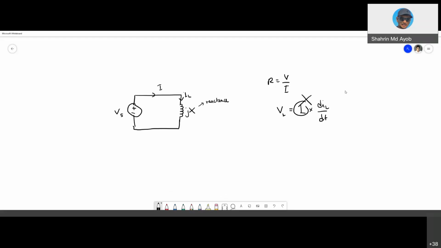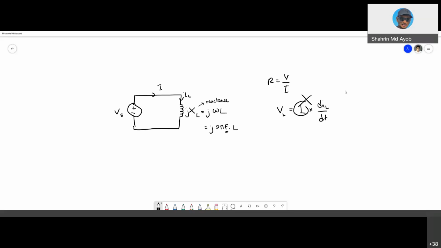And what is X? For the inductor, it is j, an imaginary number, multiplied with omega and multiplied with the inductance L itself. Omega is 2 pi multiplied with f. So as you can see, the value of the reactance depends on the frequency inside the circuit.